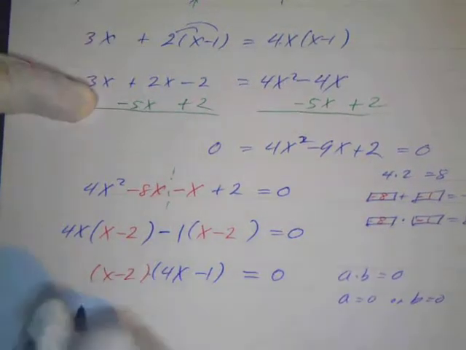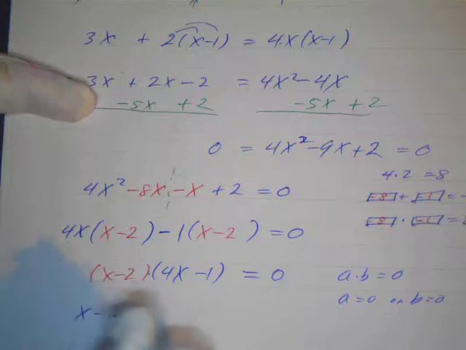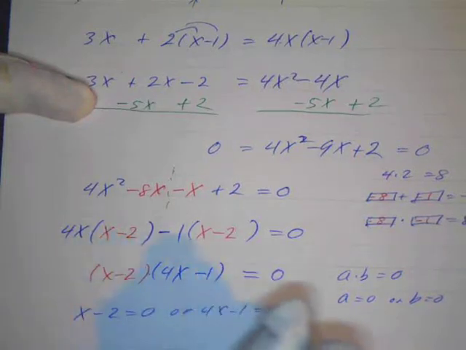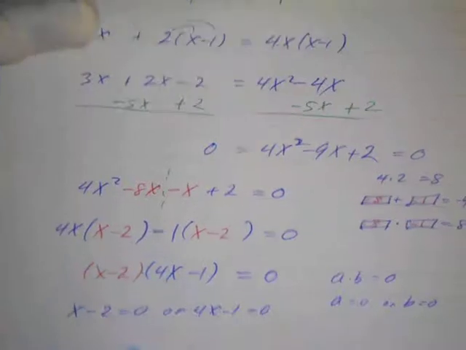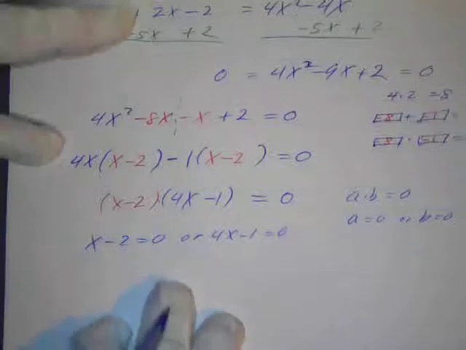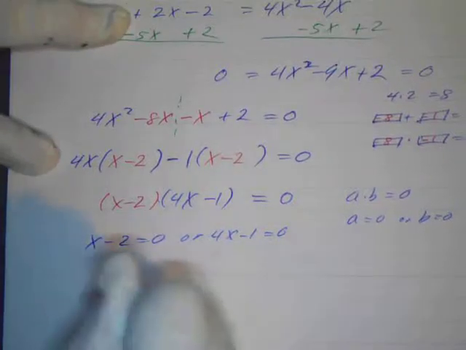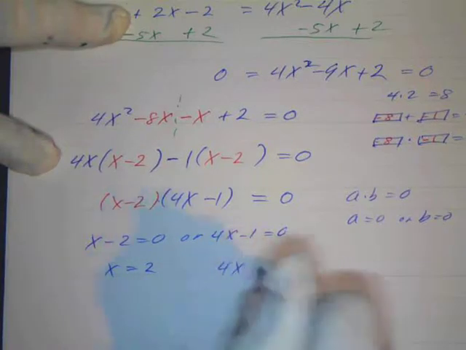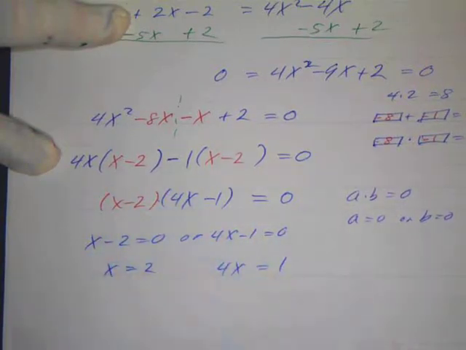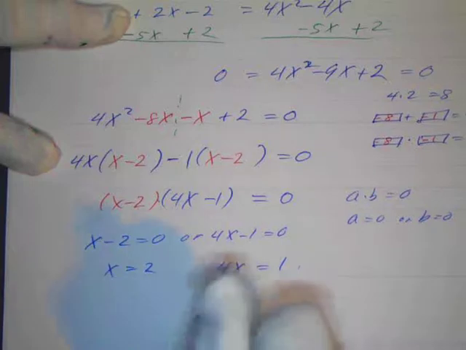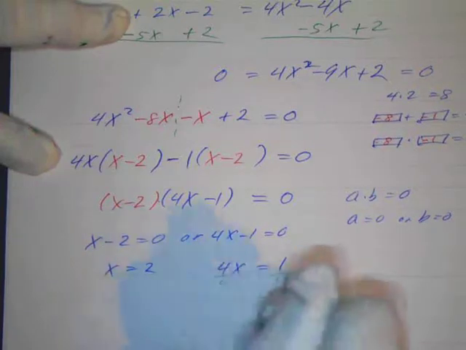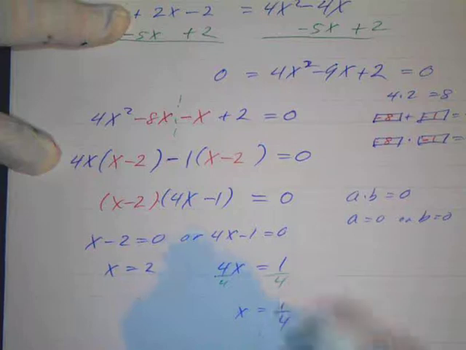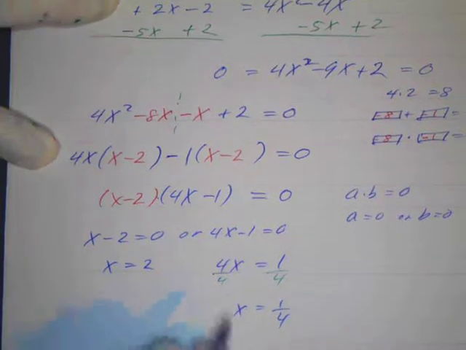So we could say that either x minus 2 equals 0 or 4x minus 1 equals 0. So now we have two little equations, and we have to solve those. Well, if I add 2 to both sides, I get x equals 2. If I add 1 to both sides, I get 4x equals 1. If I divide by 4, x equals 1/4.